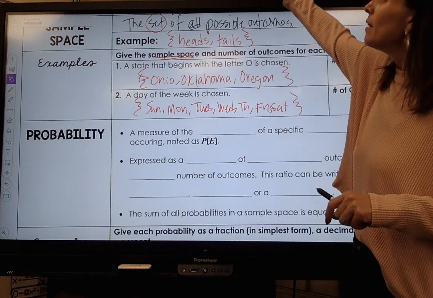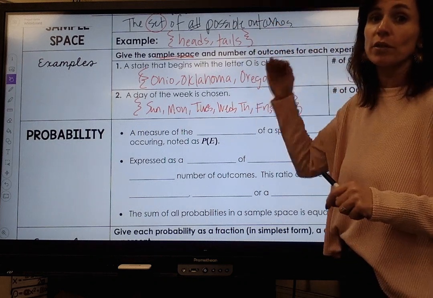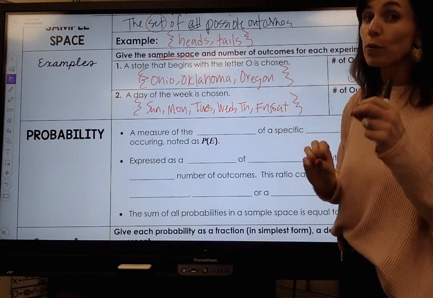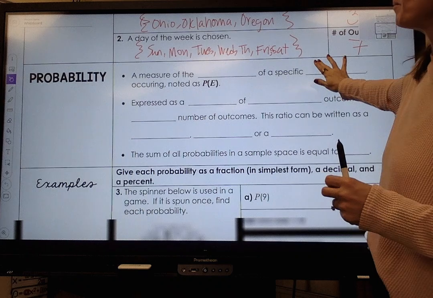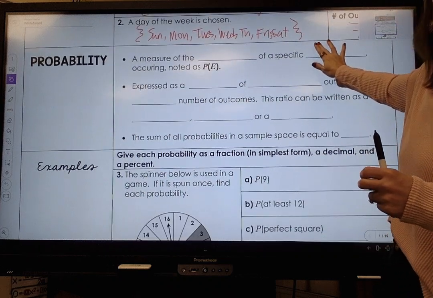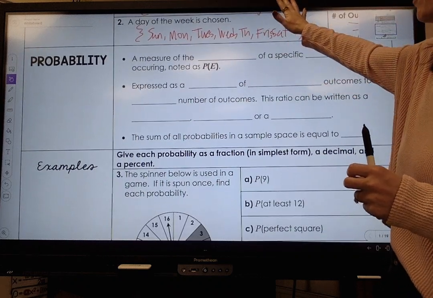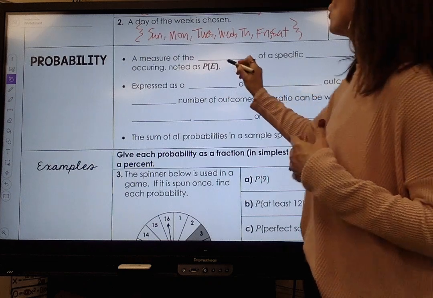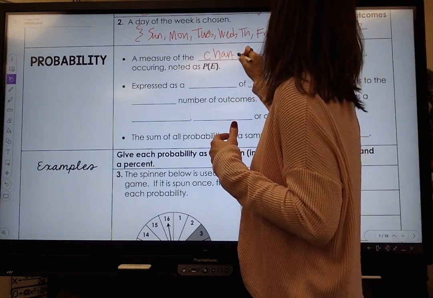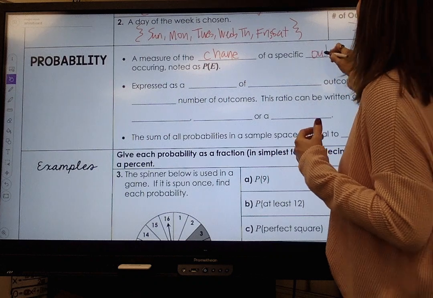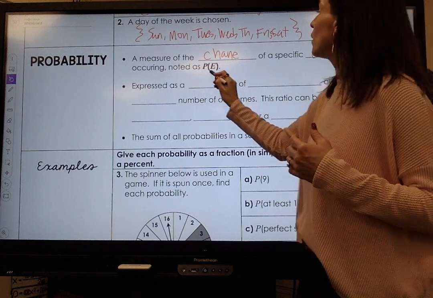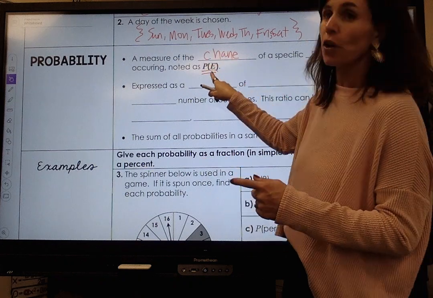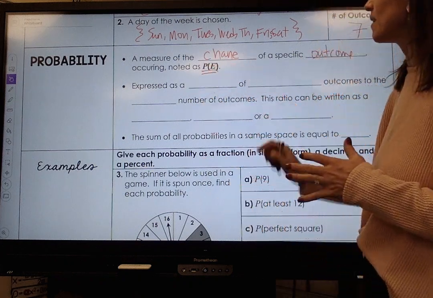All right, so there's a lot of vocab in this unit, so we have to remember outcomes and sample space are super important. So when we go up to probability, what probability is, is a measure of the chance of a specific outcome occurring. And we use P of E. So P means probability of an event occurring. Okay, so that's how P of E is read.